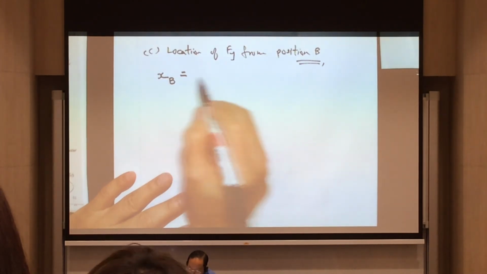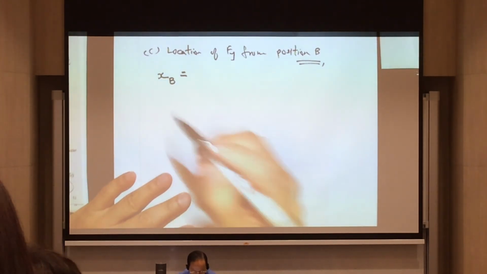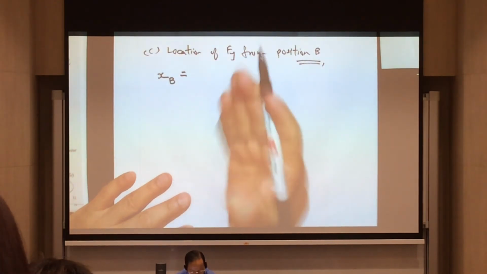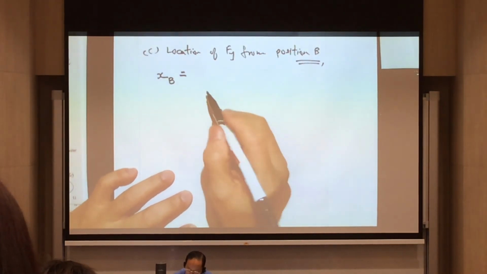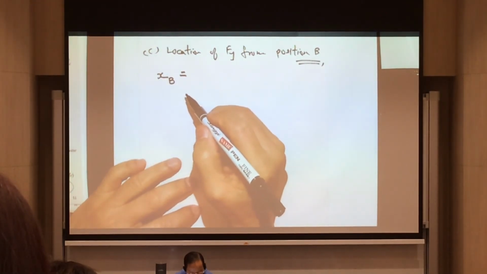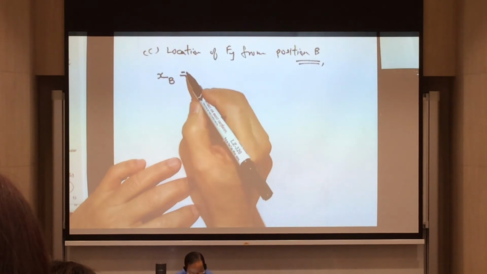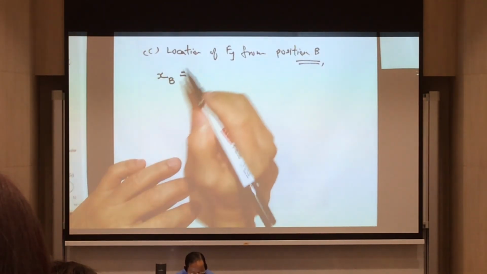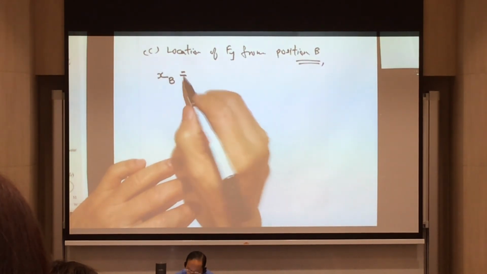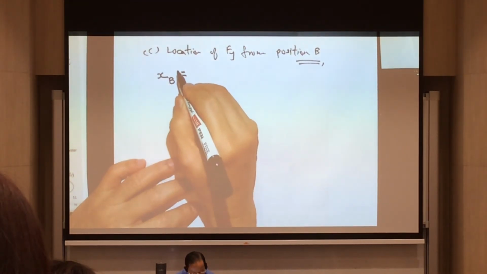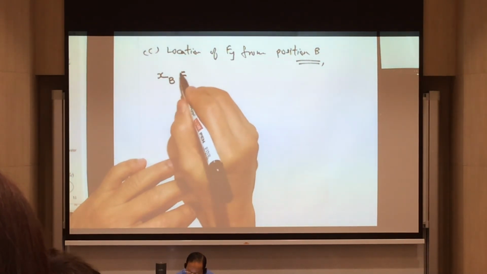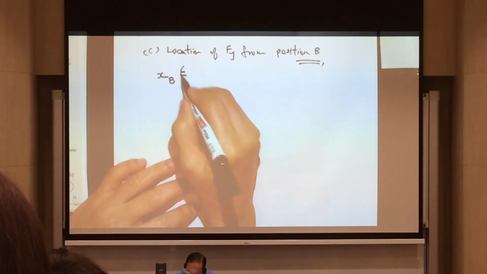Maybe instead of putting XB, we say location of Fy from position B, X, is given by, in this case, XB times the area of the circle. Let's put the bracket there.